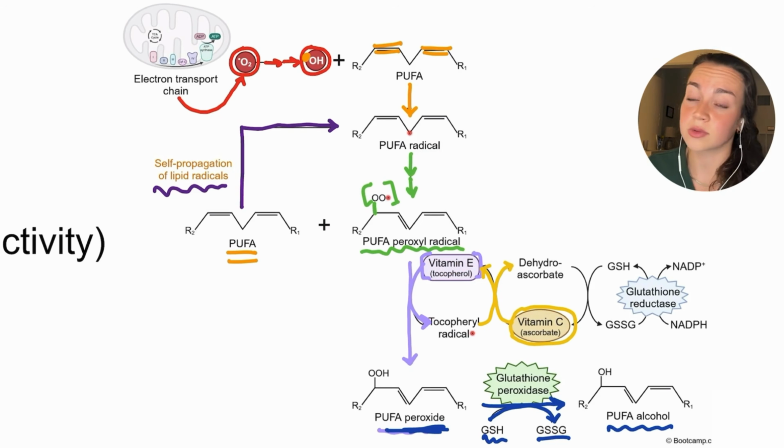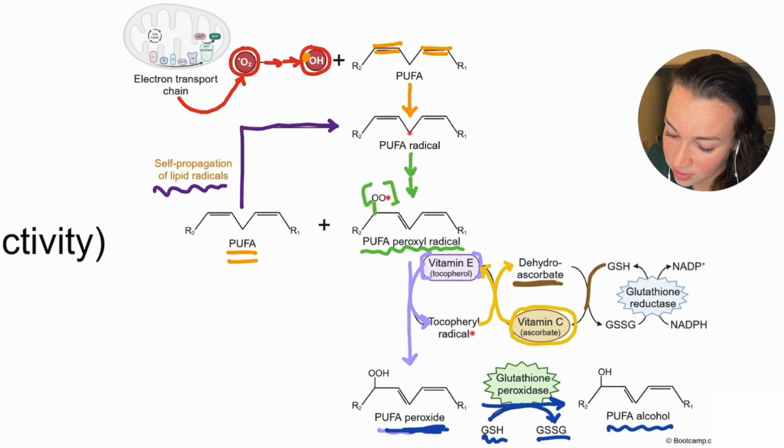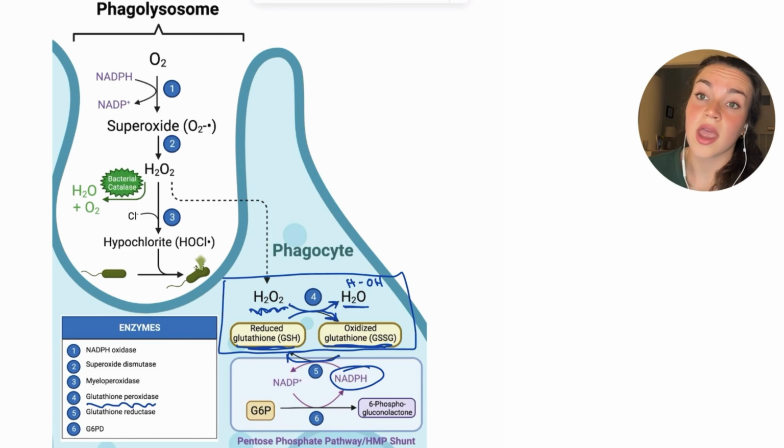And then there's a bunch of replenishing steps. So now we have to replenish vitamin C, right? We've made all this dehydroascorbate. So we'll use our friend reduced glutathione to the rescue again to replenish our vitamin C from the dehydroascorbate form. We'll be left with oxidized glutathione in the meantime. And we replenish that reduced glutathione via glutathione reductase, requiring NADPH and NADP+, just in the same way we saw when we talked about the oxidative burst.